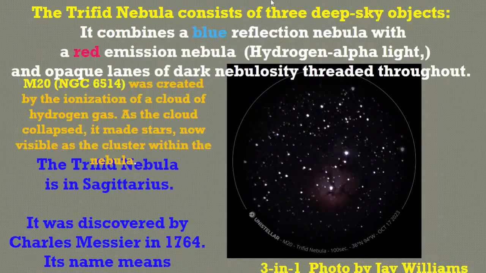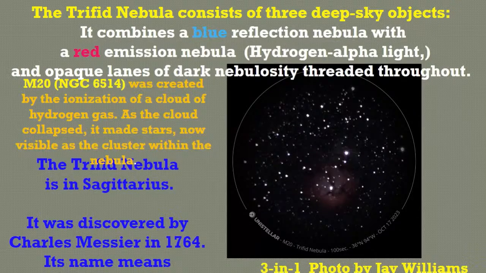Now, Jay also took a picture of the Trifid Nebula. And the Trifid Nebula, a lot of information up there. We have a blue reflection nebula, a red emission nebula, and we also have lanes of dark nebulosity. The nebulosity is essentially dust messing up the picture.